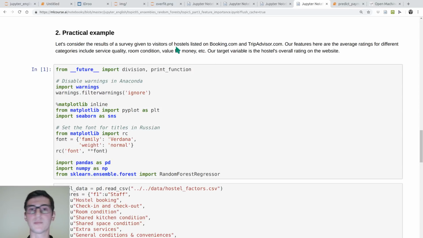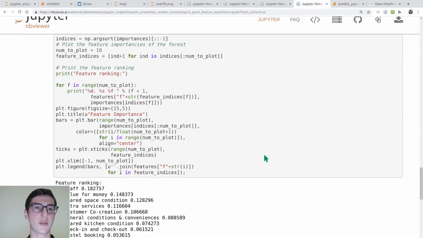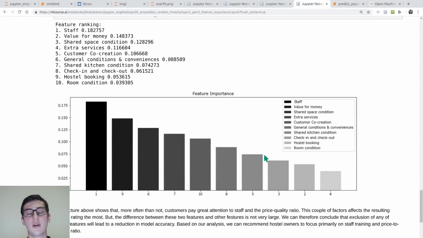Lots of reviews on booking.com and tripadvisor.com were analyzed. They were labeled with average hostel rating. The idea of the research was to analyze different features influencing the hostel rating.